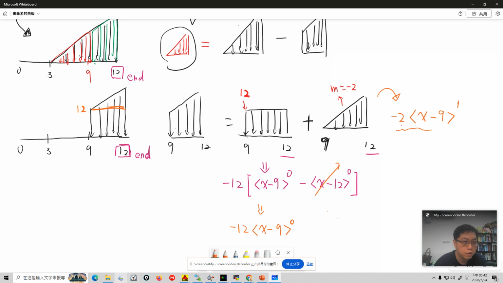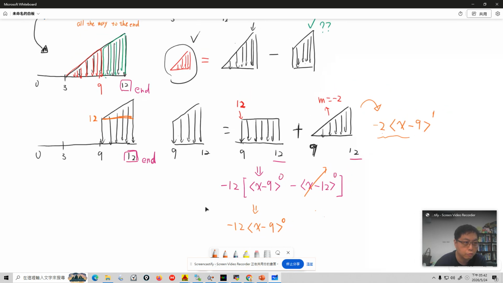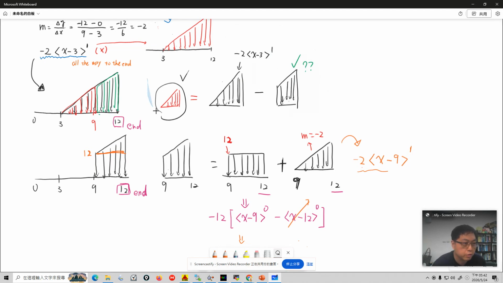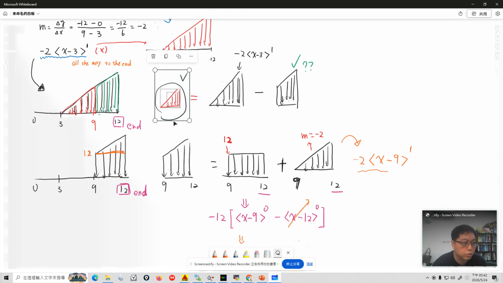So now we can combine all the results together. Can we circle something here? Sorry, it looks like it's difficult to circle.